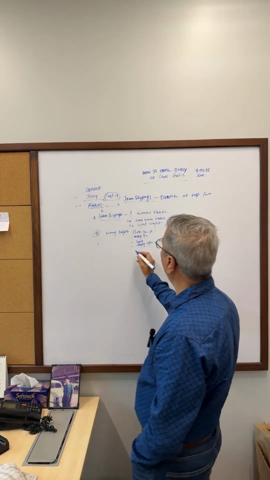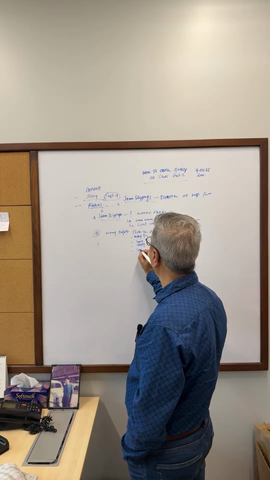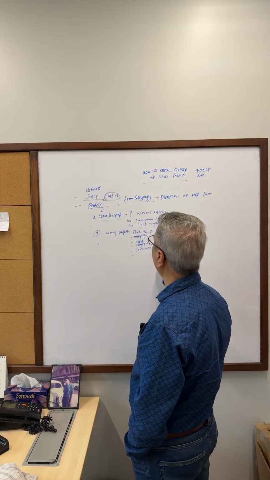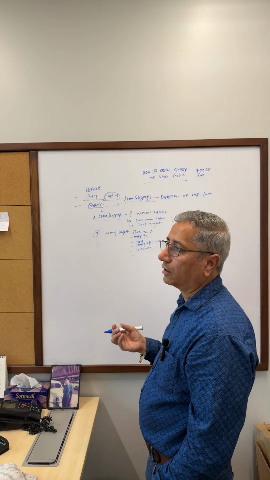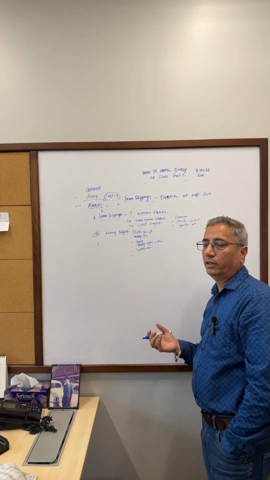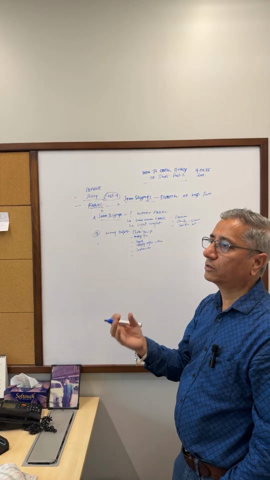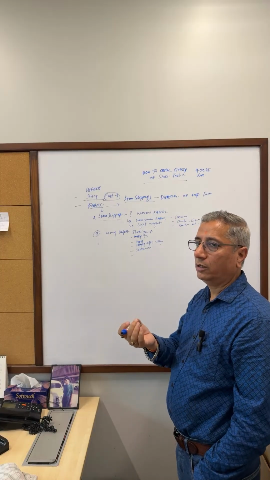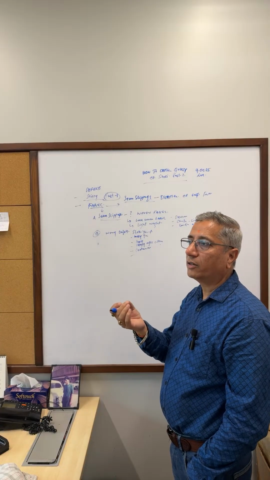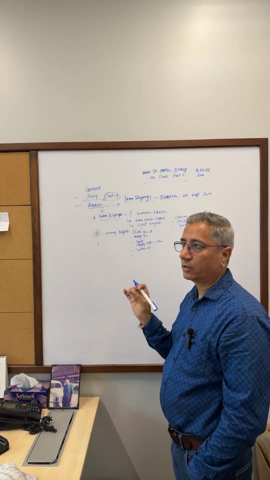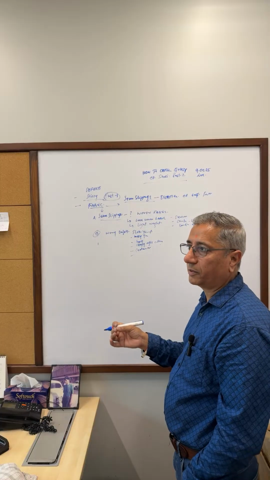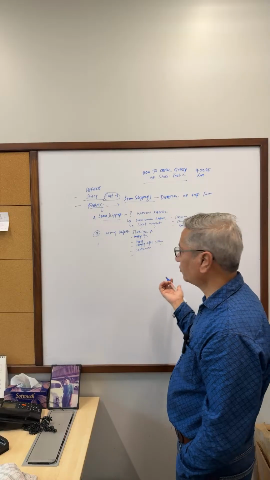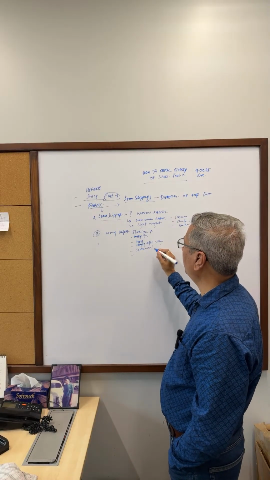Then contamination. Contamination is when there is something in the fabric, some spot, or yarns of different colors weaved inside the fabric, which is visible and looks like a stain.